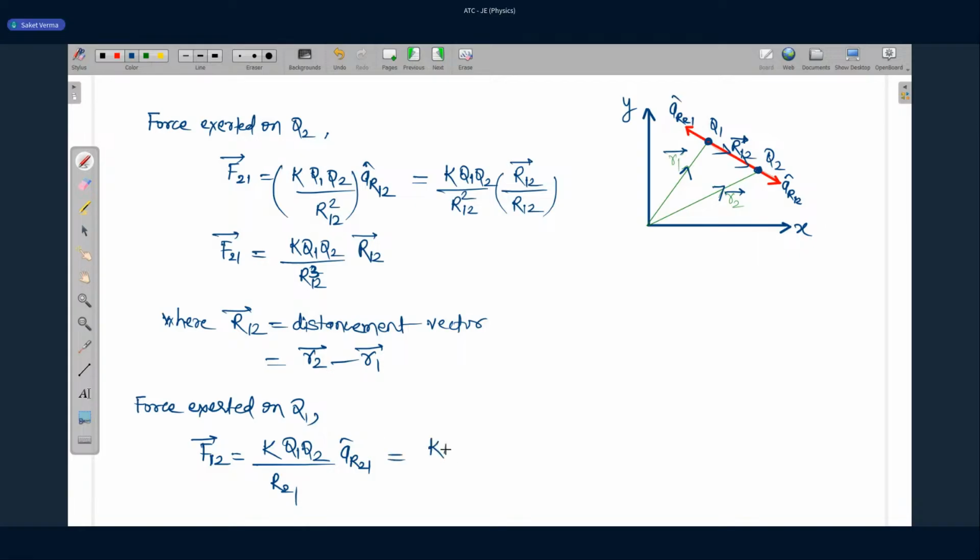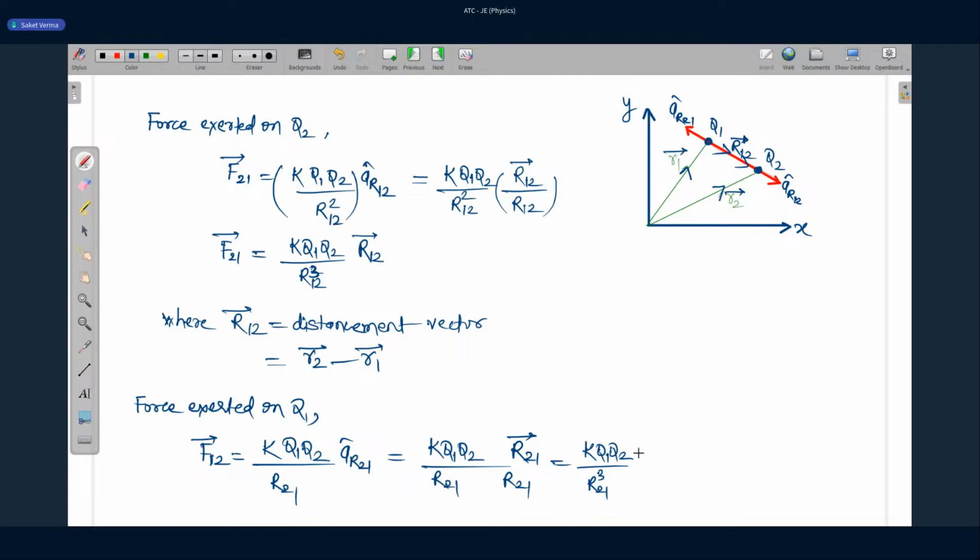The distance between both charges is the same, so the magnitude will remain the same. You write the r21 vector here and the r21 magnitude, and this is also r21. So r21 gets multiplied and you get k q1 q2 upon r21 whole cube.